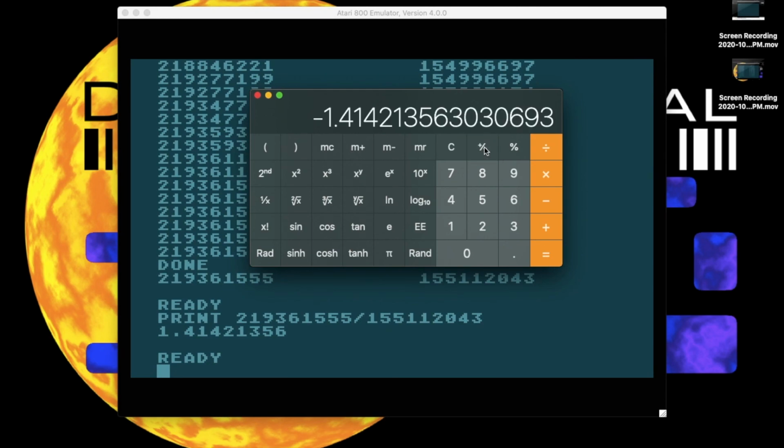Change the sign, see how it differs. Well, pretty close. How many digits did we get?